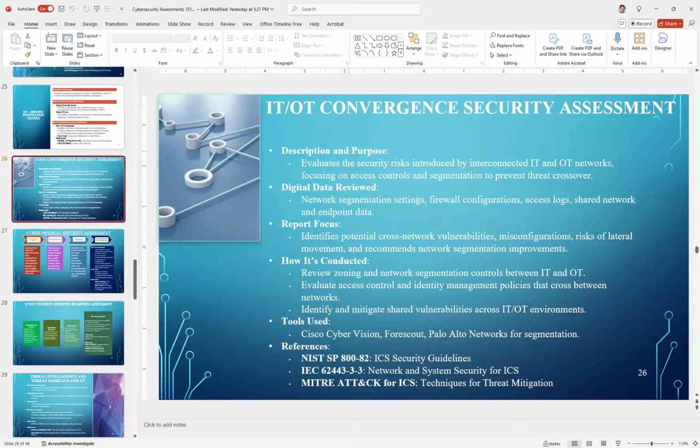You have to evaluate access control and identity management policies that cross between networks, and also identify and mitigate any shared vulnerabilities across the IT and OT environments. Tools used are Cisco CyberVision, Forescout, and Palo Alto Networks for segmentation. And you have your references from NIST, IEC, and MITRE ATT&CK for ICS.